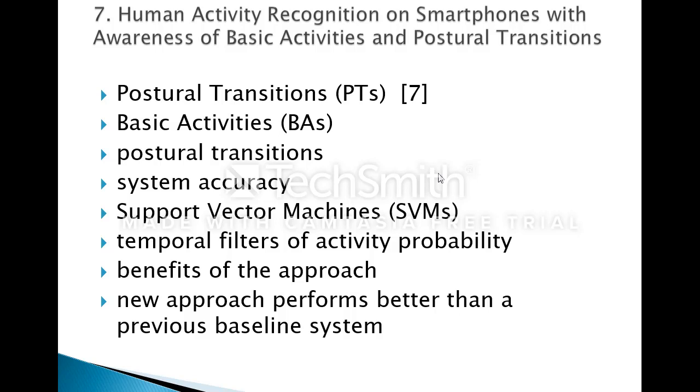So here is another paper: human activity recognition on smartphone with awareness of basic activities and postural transition. So they use some basic activities. Here the author explored the use of machine learning algorithms to classify motion into different categories of transitory movements, for example, postural transitions.